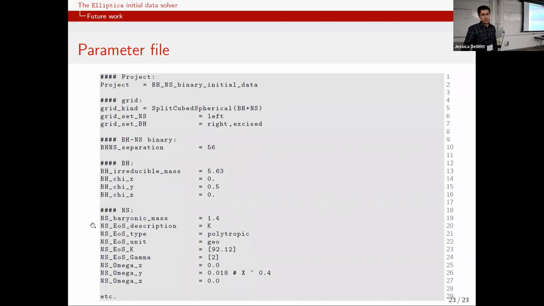You also set the equation of state for the neutron star. For example, here I just set it polytropic, but it could be piecewise polytropic.